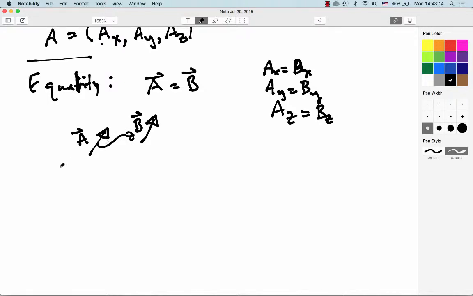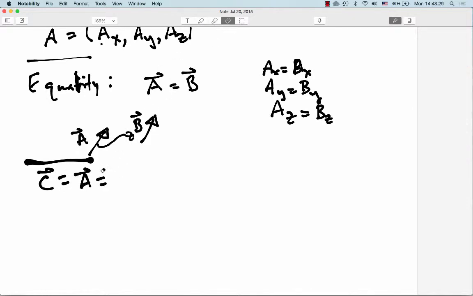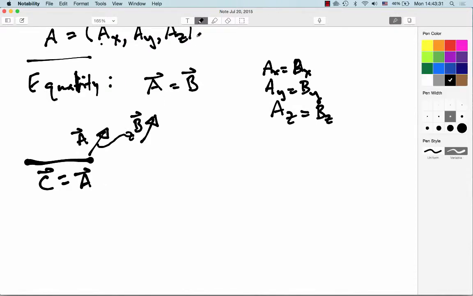Okay. Now when we're adding vectors, again, if we're doing it by components, say I want my vector C to be equal to the sum of my vector A plus my vector B, like so. One way I can do that is to add up the coordinates.